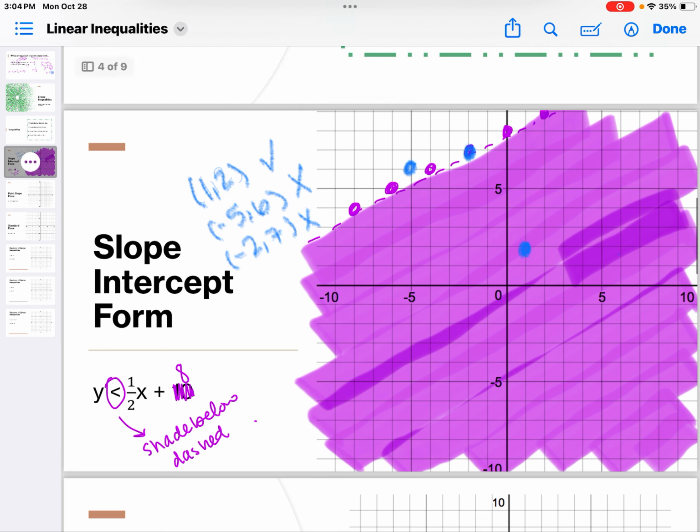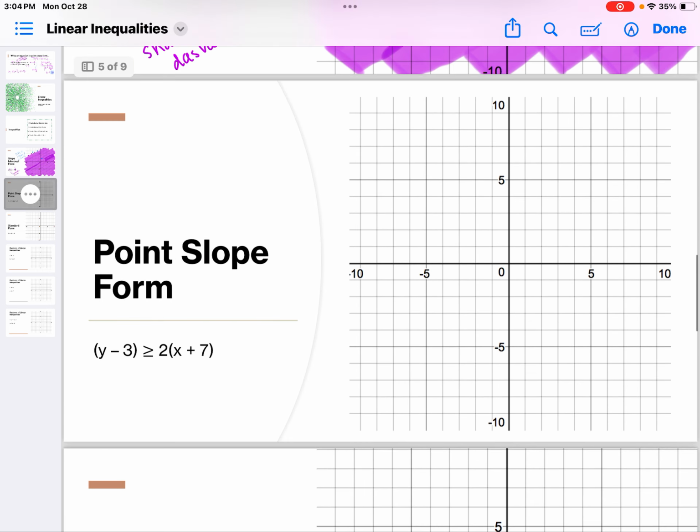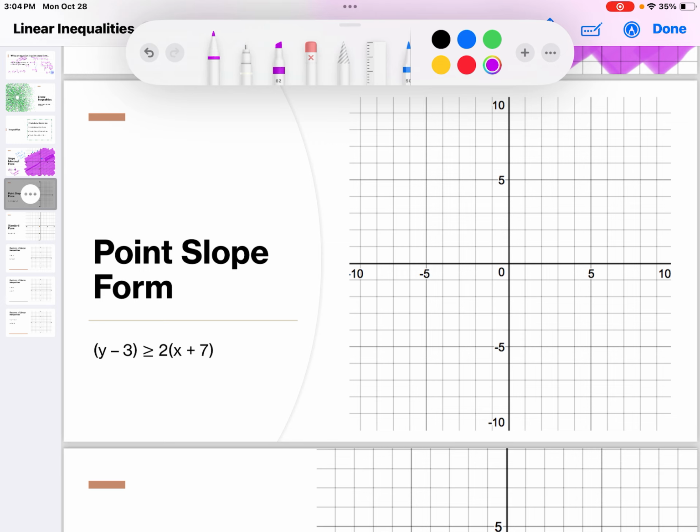Okay, let's keep going. Let's try some more. This one is in point slope form. First thing I notice is a greater than or equal to sign, so I know I'm shading above, and I know that this is going to be a solid line.